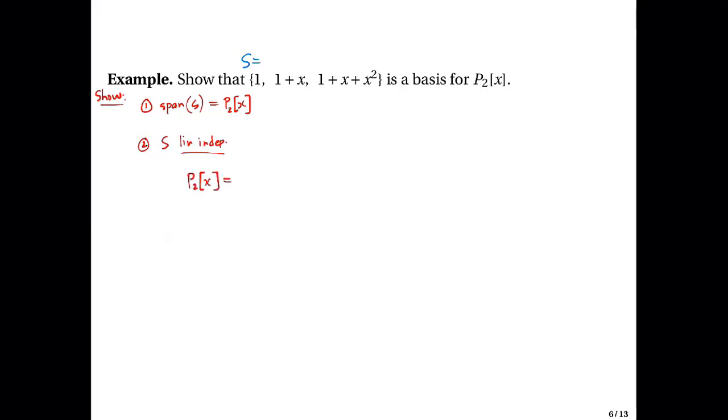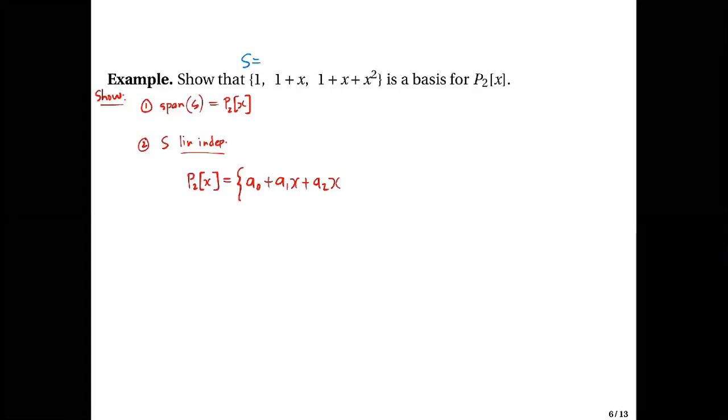The elements of P2(x) are of the form a0 plus a1x plus a2x squared, and a0, a1, and a2 are all real numbers.